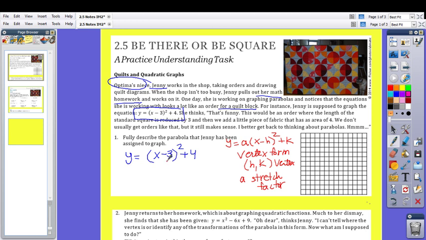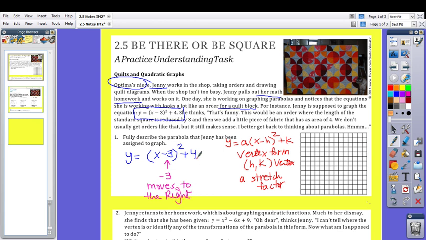Now, since we have this -3, that means it will make the graph move to the right. Because it's negative, it makes the graph move to the right.